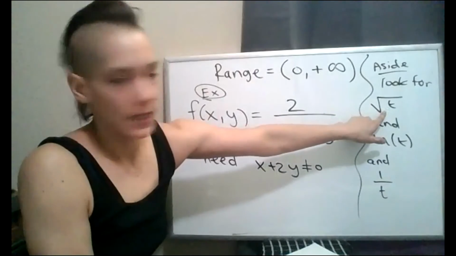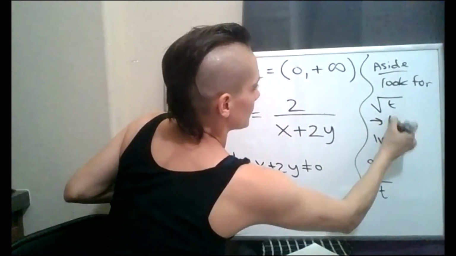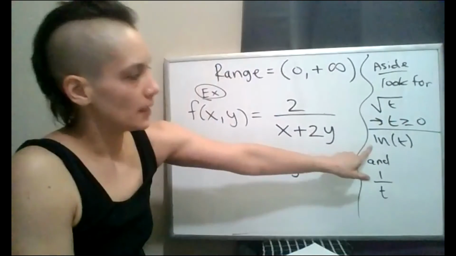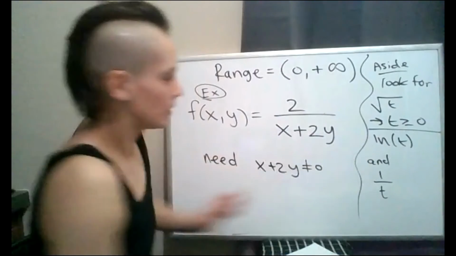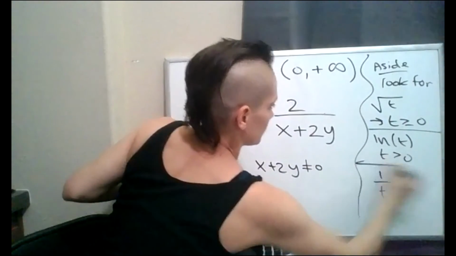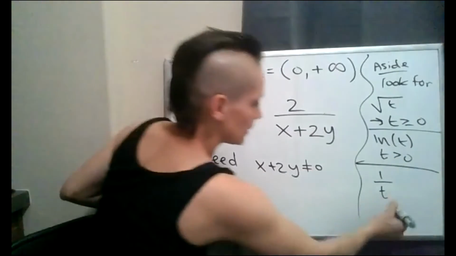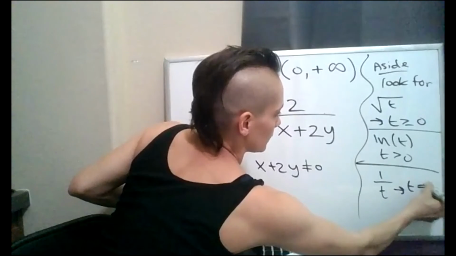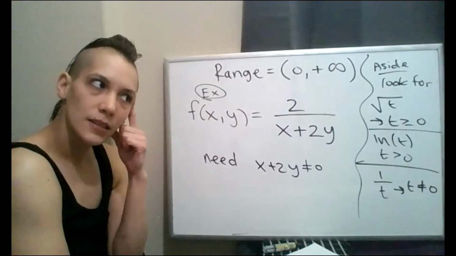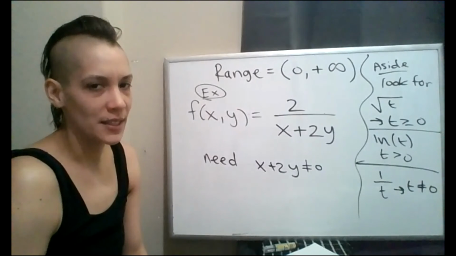So here, t can be greater than or equal to 0. Here, t is strictly greater than 0. This kind of function, you need t not equal to 0. Anything else? I think that's it. That's all I can think of right now.